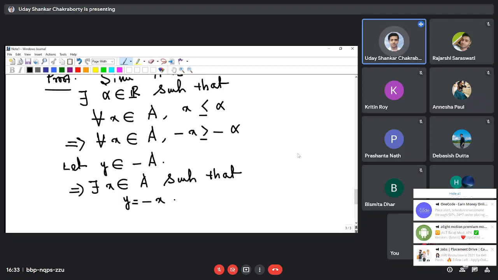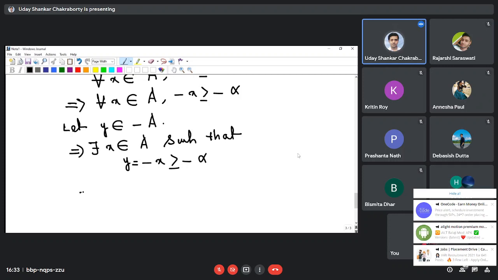But already you have proved that for every x, minus x is greater than or equal to minus alpha. So y is greater than or equal to minus alpha. Now I have proved that any element from minus A is greater than or equal to minus alpha. Therefore, minus A is bounded below.